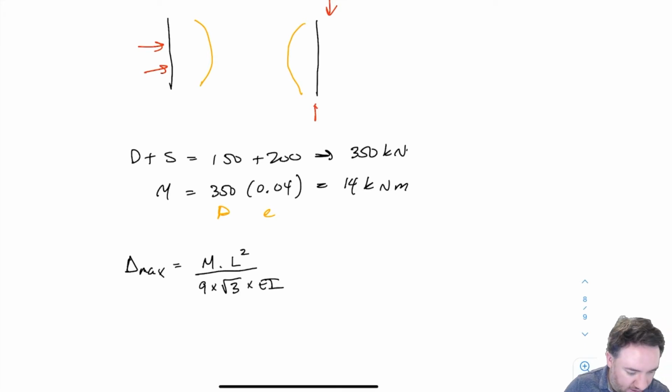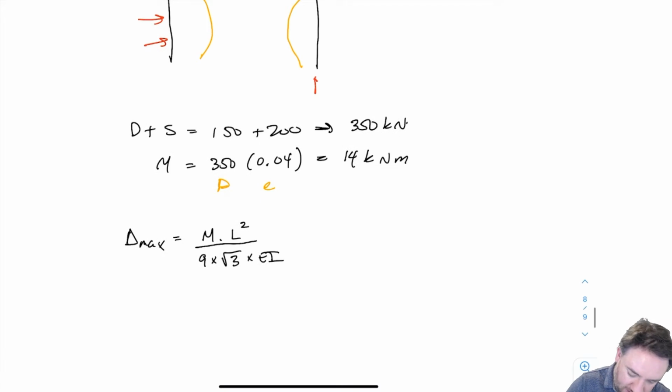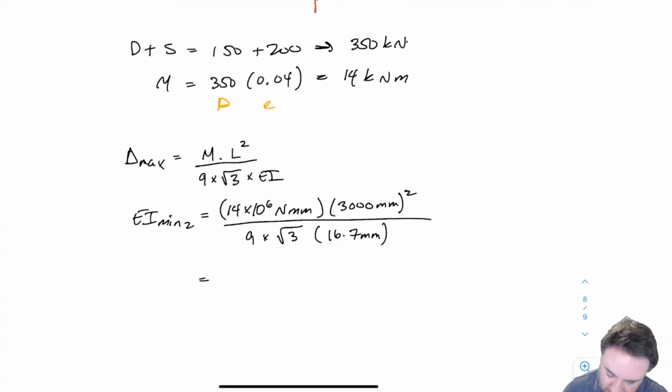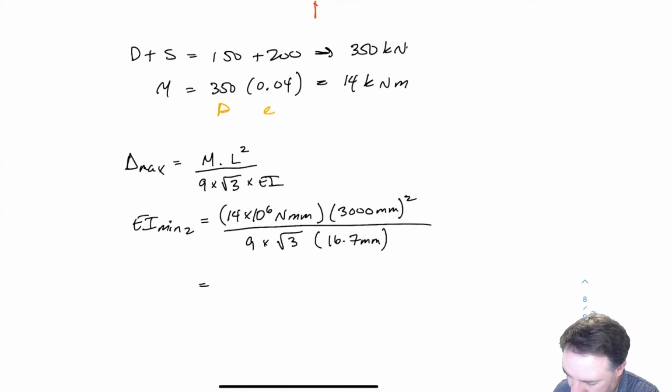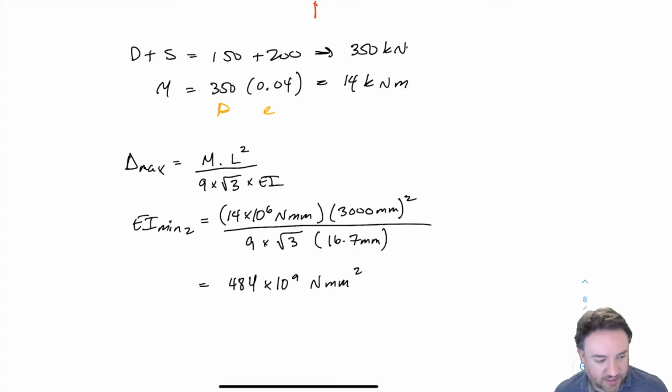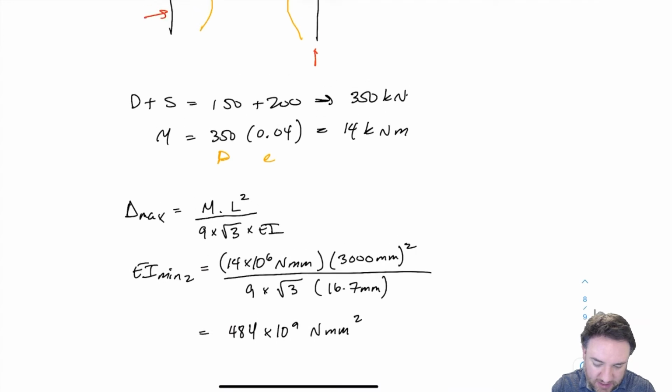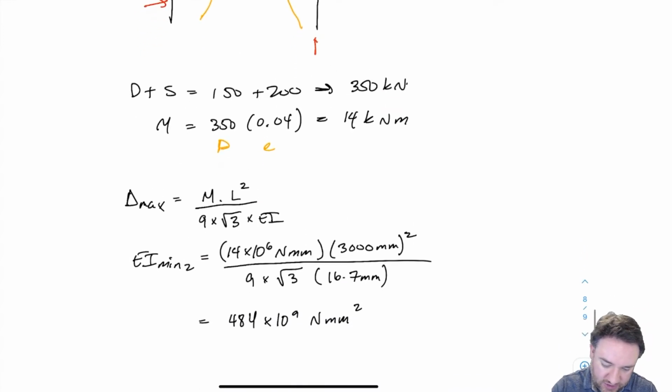Okay, so if I rearrange this for EI min, the value we get is 484 times 10 to the 9 Newton millimeters squared. So this is the maximum bending in the outwards direction, like this kind of bending.